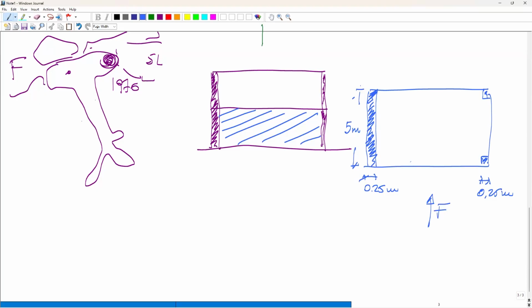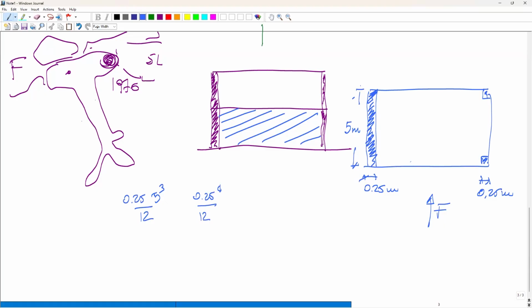Well, you see, the wall has a stiffness which is 0.25 times 5 to the cube divided by 12. Each of the columns has a stiffness which is 0.25 to the 4 divided by 12.